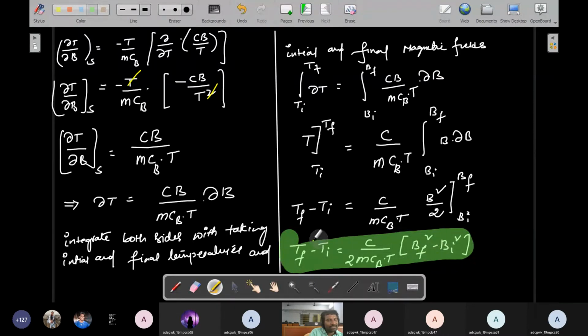Then finally we will get the changing temperature or falling temperature of this equation. Adiabatic demagnetization comes in. Once again I'll rewrite this equation on the next page. Please note everybody.